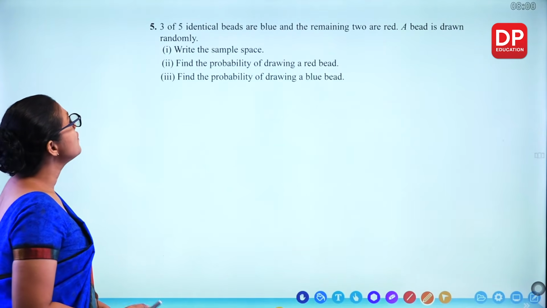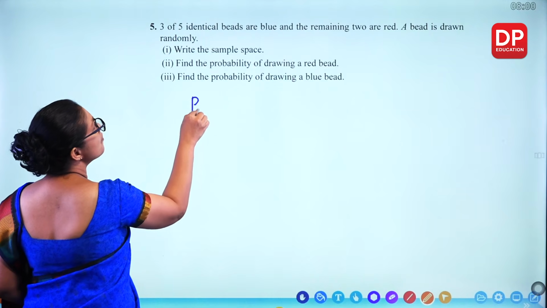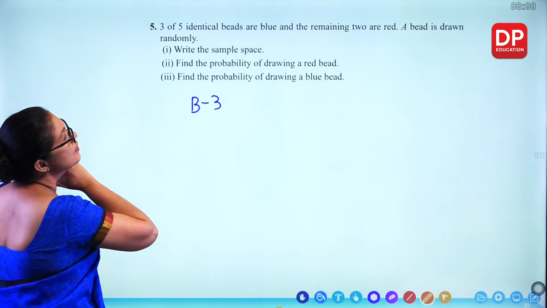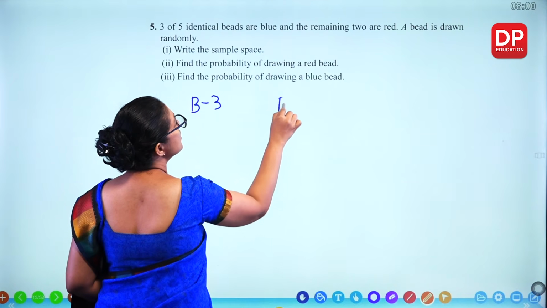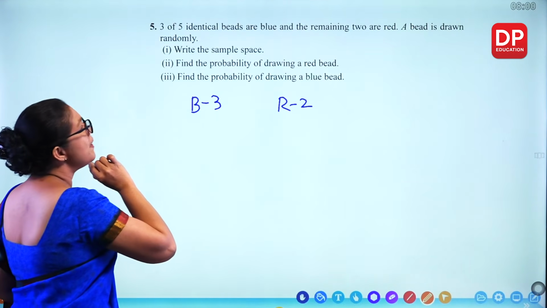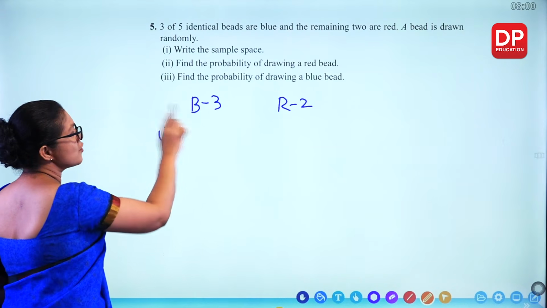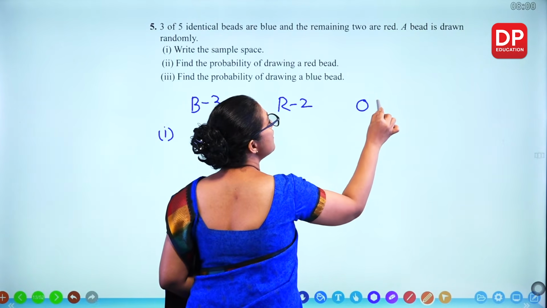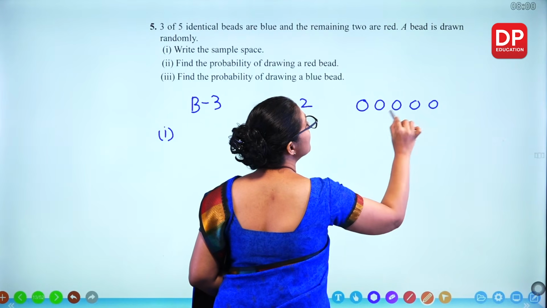Question number 5. 3 of 5 identical beads are blue, and 2 are red. A bead is drawn randomly. Write the sample space. Okay, so there are 5 beads now: 1, 2, 3, 4, 5.